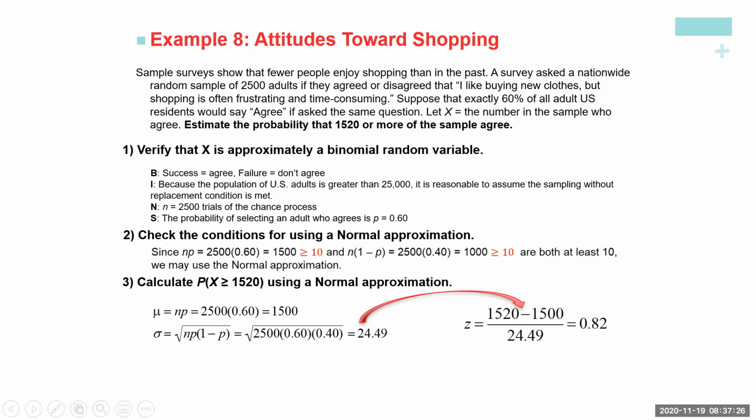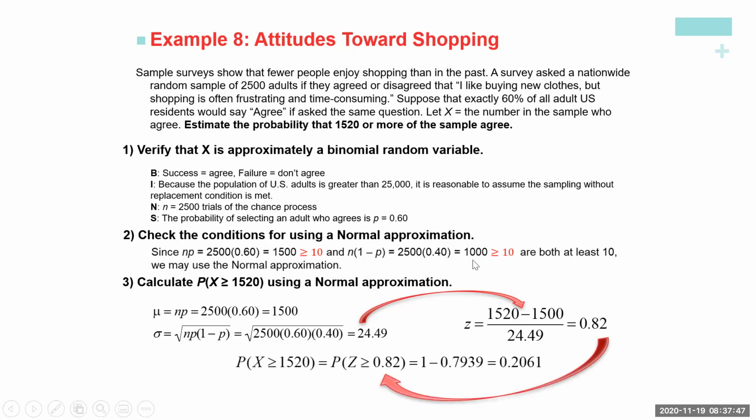The z-score is X minus the mean, so 1520 minus the mean that we just calculated, 1,500, divided by our standard deviation, 24.49, and we get a z-score of 0.82. Again, you can pull up your z-table and look inside the table for a z-score of 0.82. If you want to write it down in math talk, the probability that X is greater than or equal to 1520 equals the probability that the z-score is greater than 0.82.